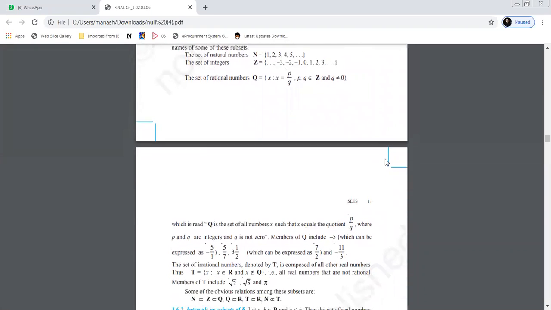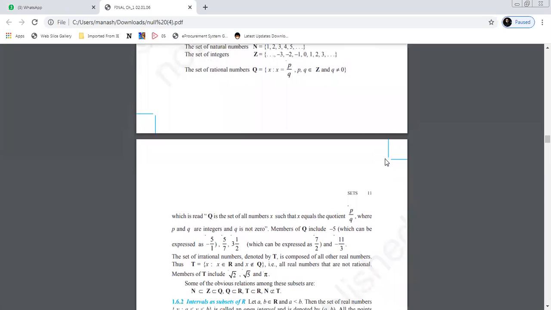Now tell me whether the set of real numbers is a subset of natural numbers.